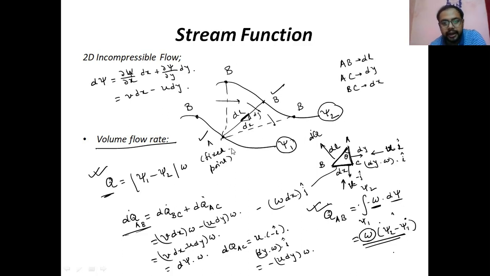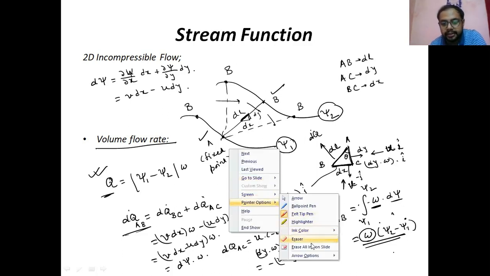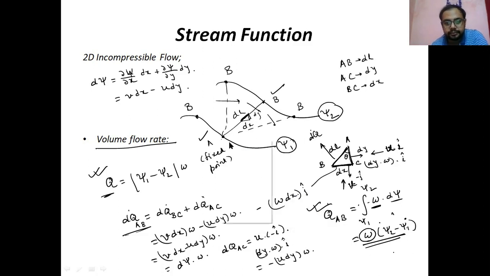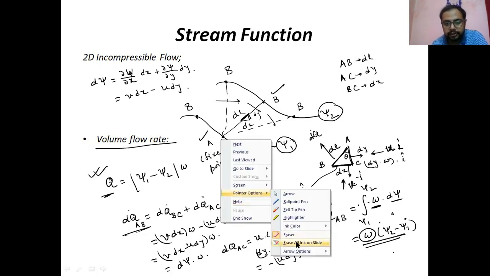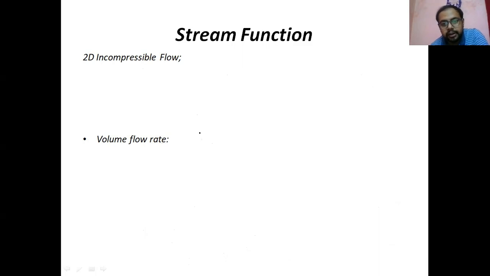So in short, we are writing it down. If you are asked about the volumetric flow rate, Q across the 2 points A and B, or any 2 points, would be width into psi A minus psi B, the stream functions where A and B lie. That gives you the volumetric flow rate.